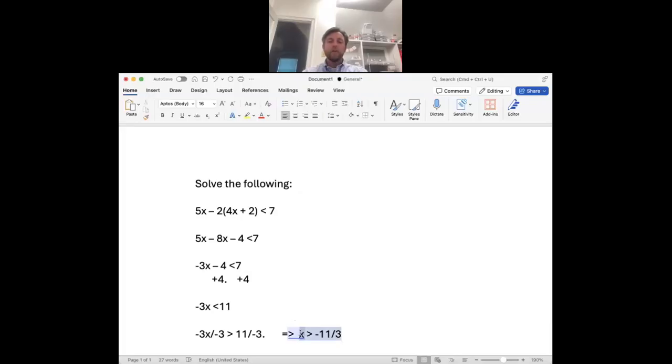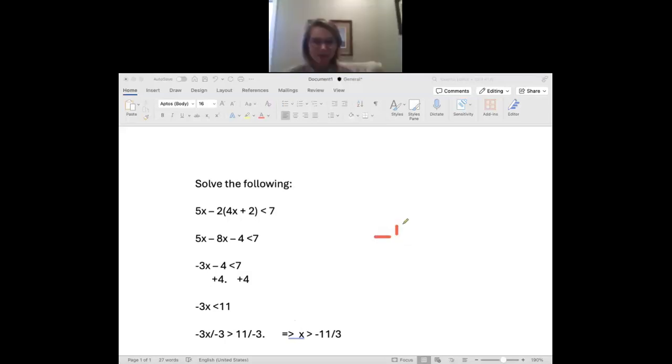And how would you write this? How would you write x greater than negative 11 over 3 in interval notation? Negative 11 over 3 in parentheses. Or like you begin parentheses on the left side of 11 over 3. Is that what you mean right here? Yes, sir.